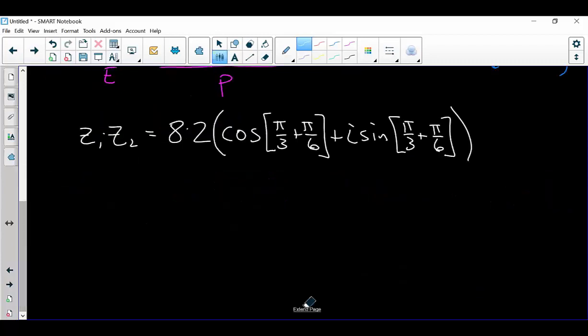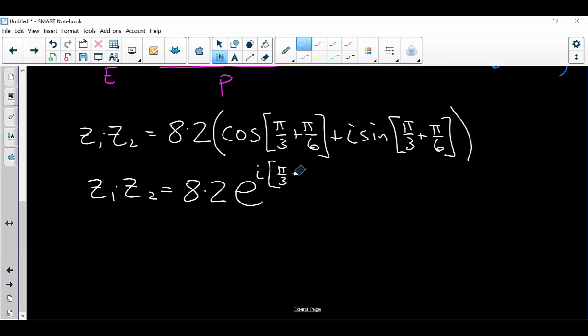Okay. Now, if we wanted to represent the answer in exponential form, this would be e to the I pi over 3 plus pi over 6, like that. So we've got two forms that we're working with.